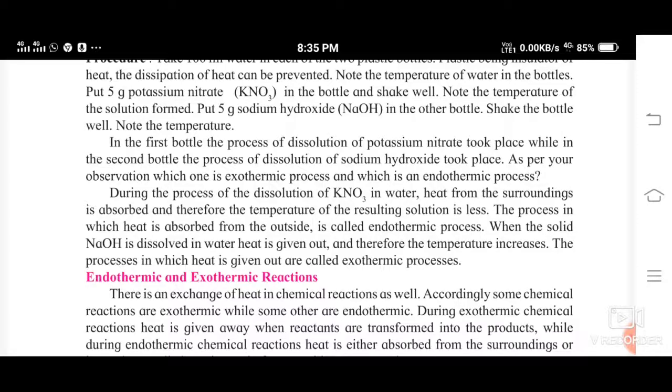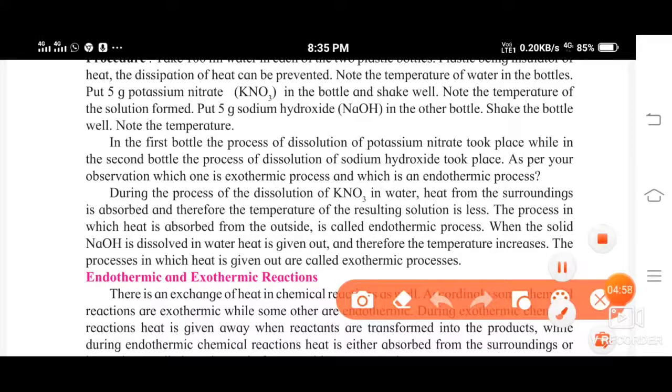In the first bottle you added potassium nitrate and shook it well so it dissolves, then noted the temperature. In the second bottle you added sodium hydroxide and noted the temperature of that solution also.